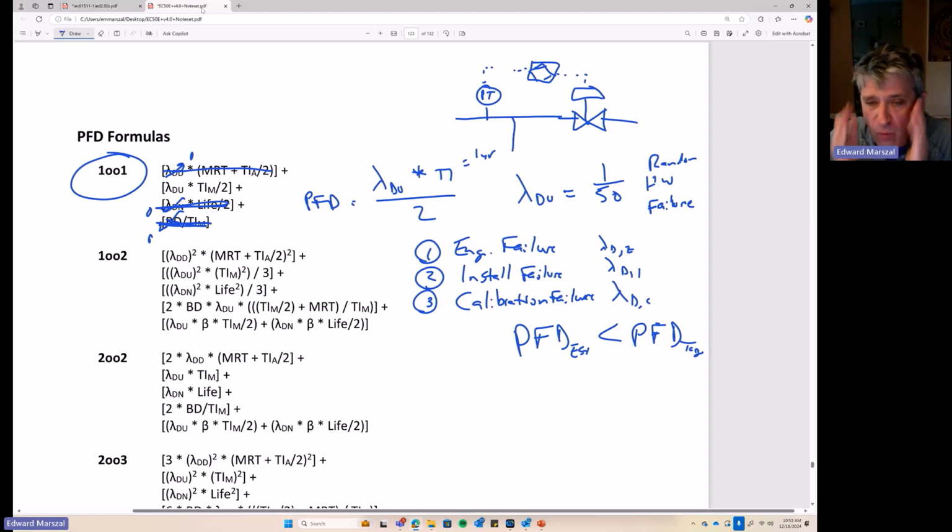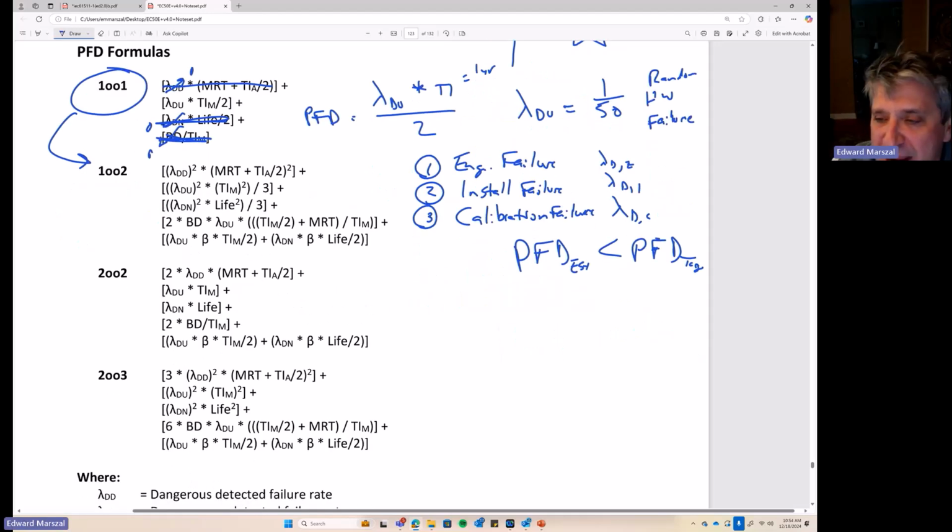Because if all we do is blindly take this lambda, the total lambda, including human failure, and put it in the 1 out of 2 voting arrangement equation, you would think that, hey, now I have achieved a higher PFD. But you did not, because systematic failures, so hear me now and believe me later.